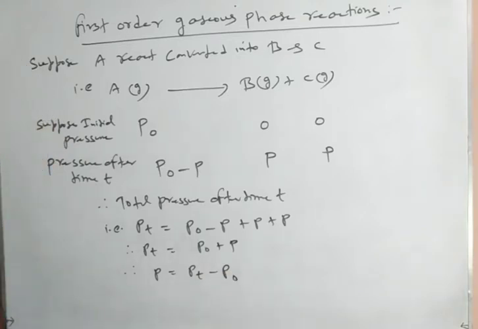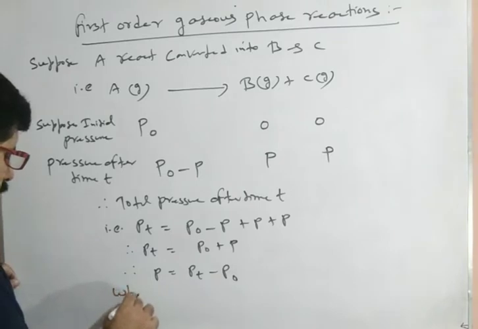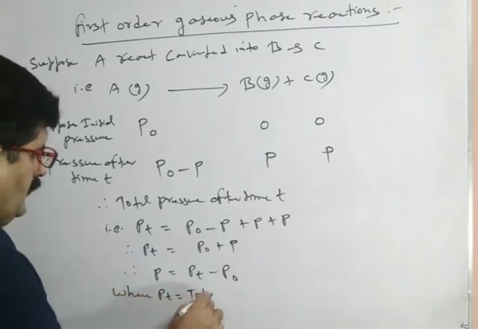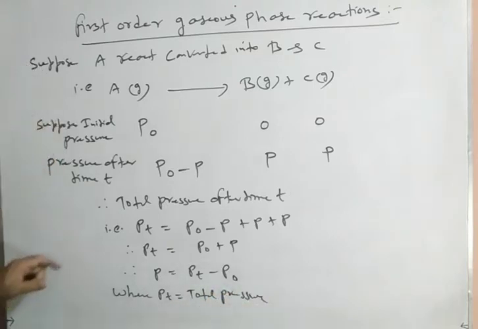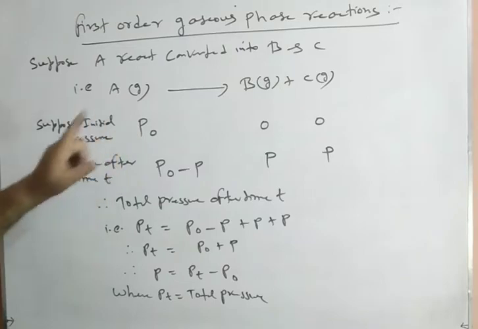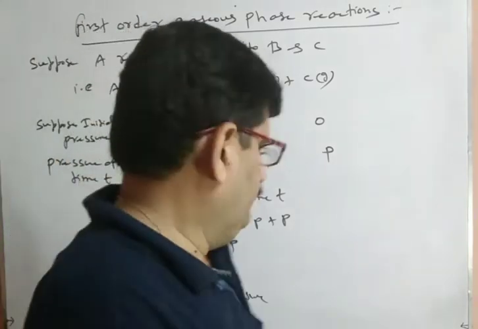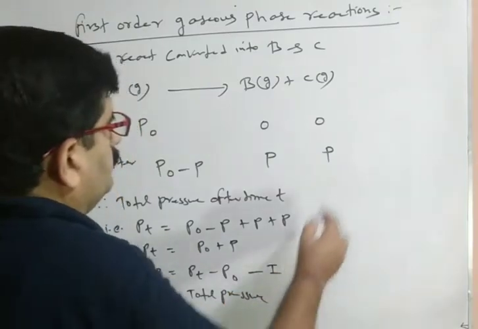What is Pt? Total pressure, where Pt is equal to total pressure, P0 is equal to initial pressure, and P is equal to reduced pressure. Suppose this is equation 1.